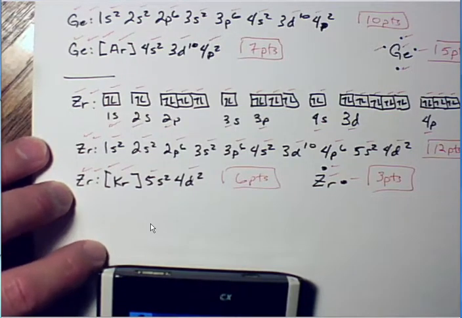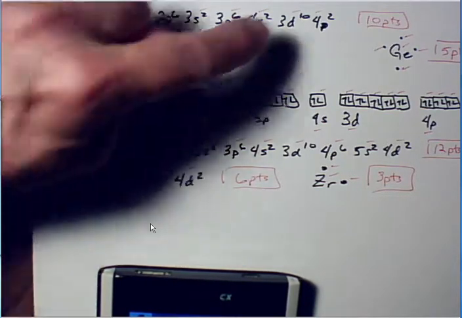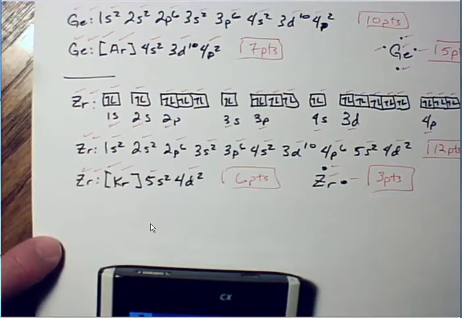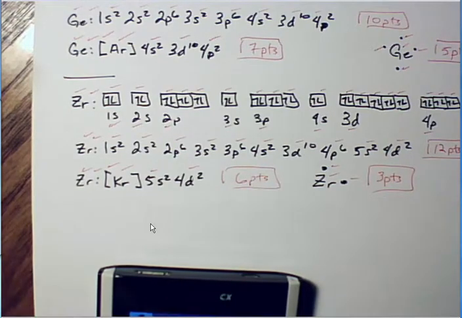Okay. All right, let's see here. We got 28 plus 10 plus 7 plus 5 plus 36 plus 12 plus 6 plus 3. I got 107 points.